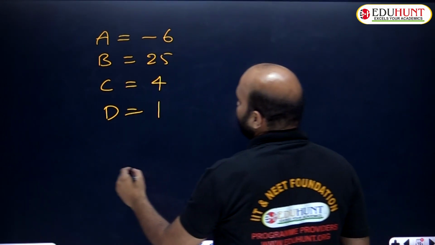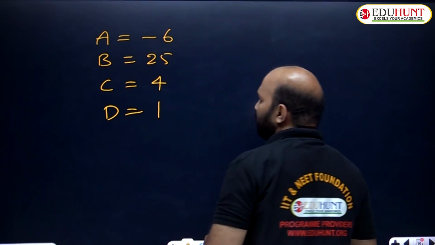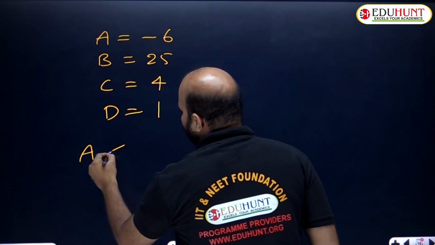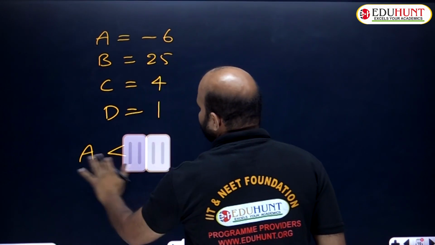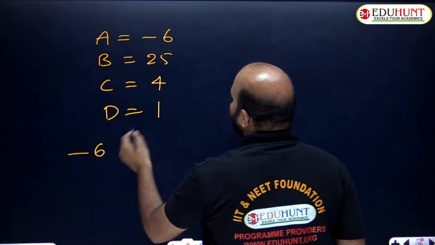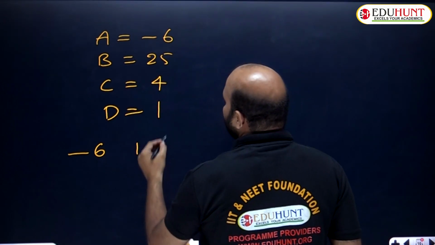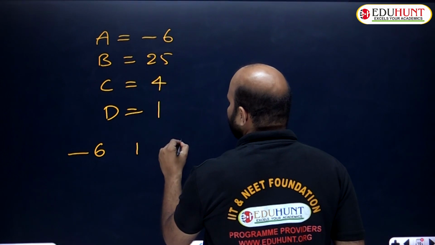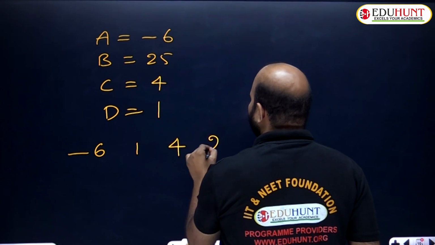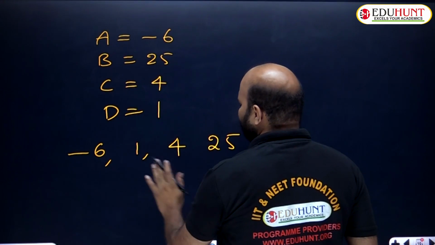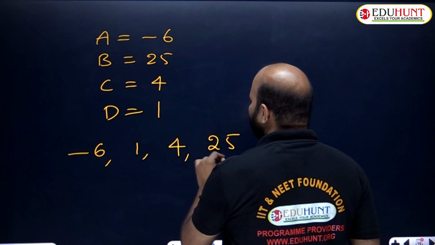So it can be written in ascending order. Minus 6 is the smallest value, next smallest value D, 1, next smallest value 4, next one 25. In ascending order: minus 6, 1, 4, 25.